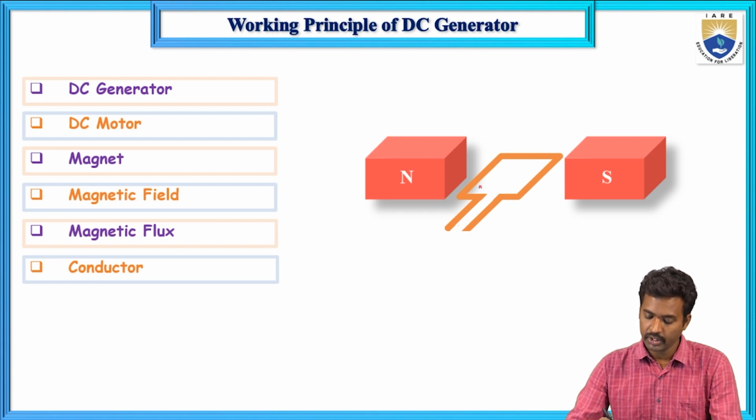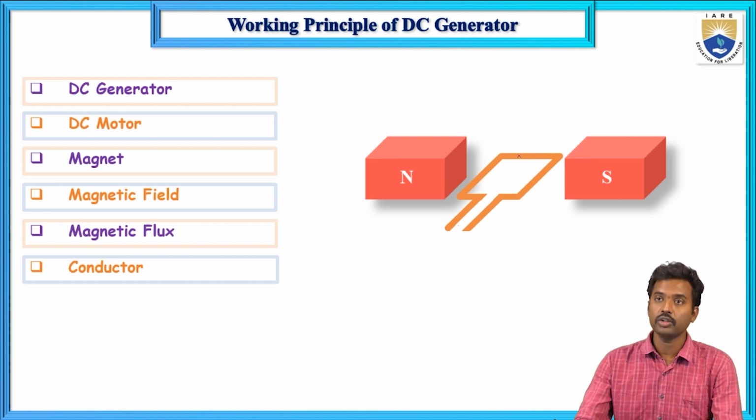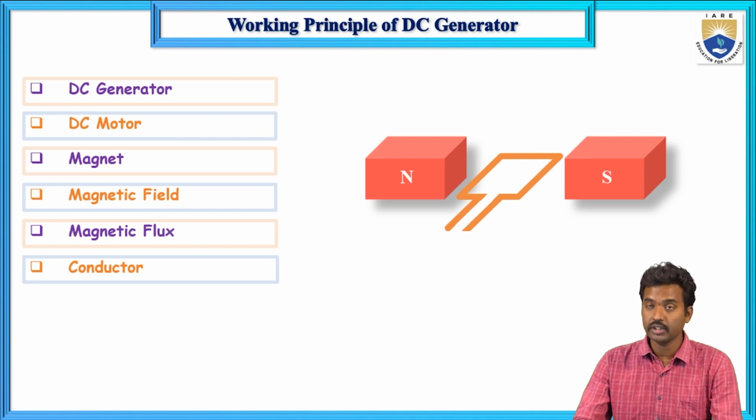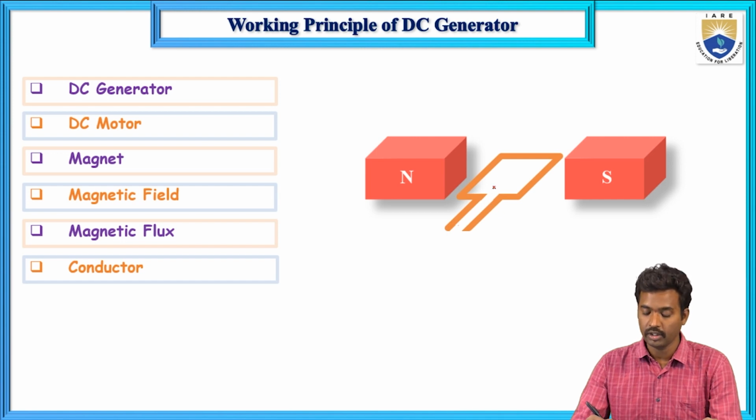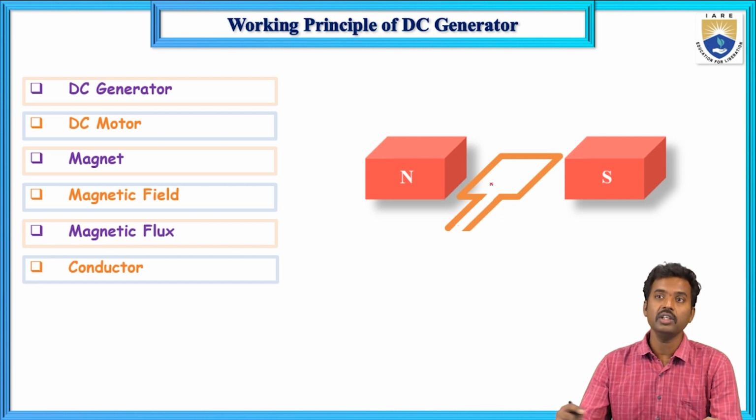According to Faraday's law, EMF is directly proportional to d phi by dt. In that conductor only, EMF will be generated. This conductor allows the electricity to flow through the material.